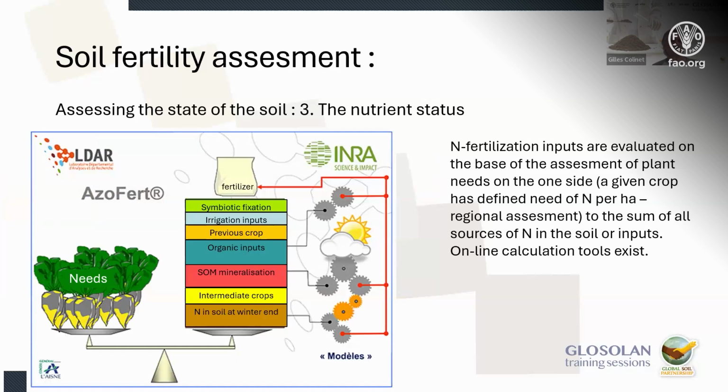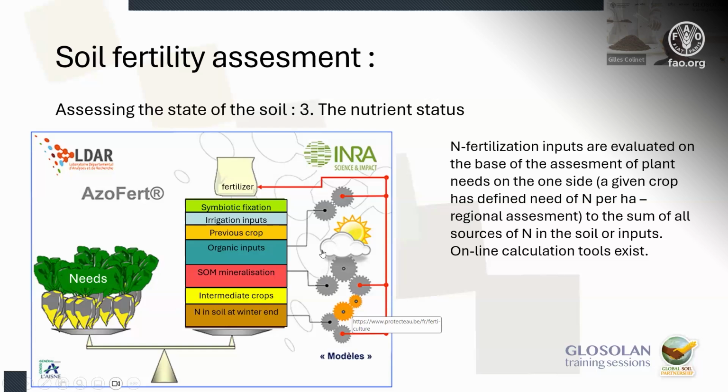Usually, you have a balance between the needs of the plant and globally, you define the quantity of fertilizers that you will put according to what can be brought by different sources in the soil.